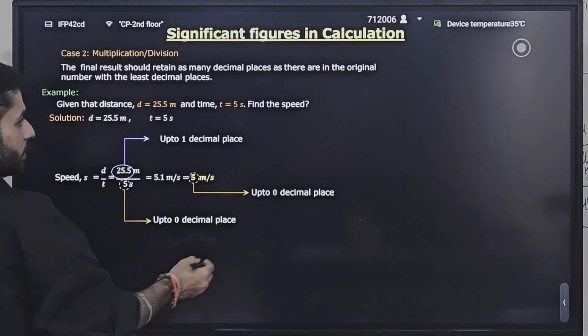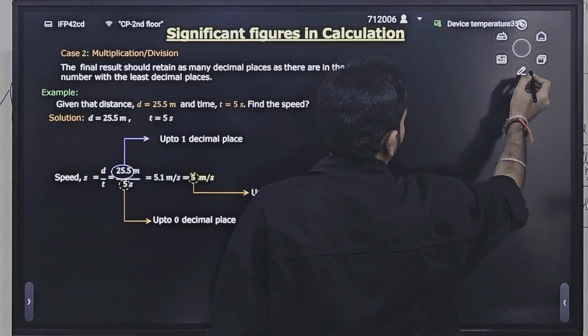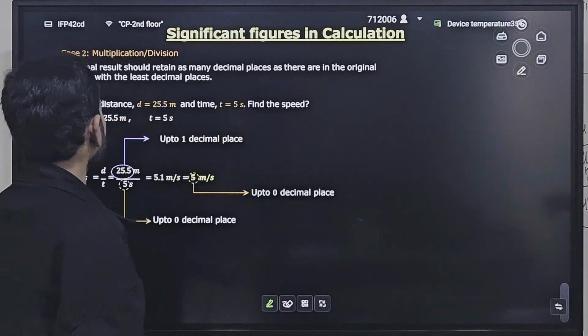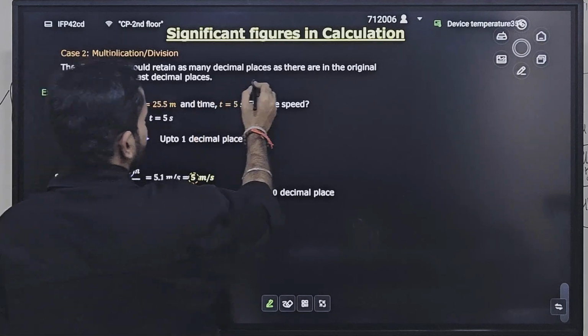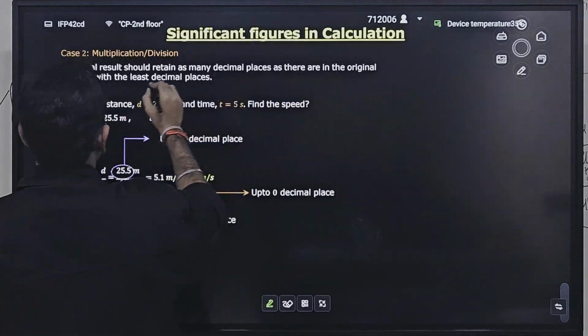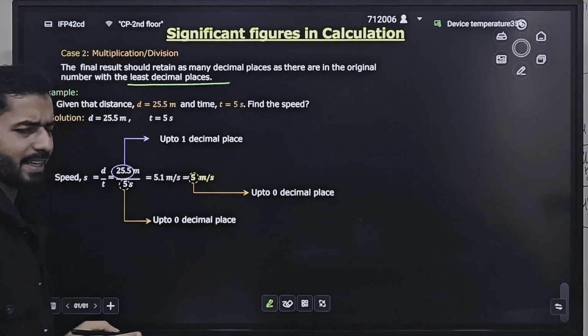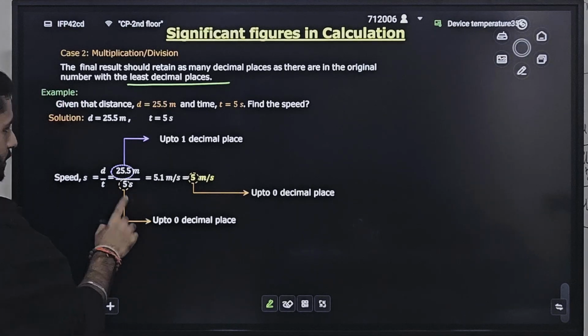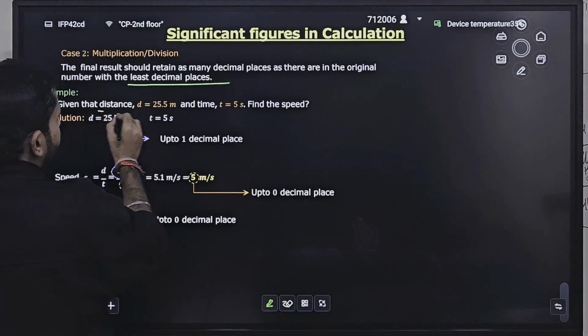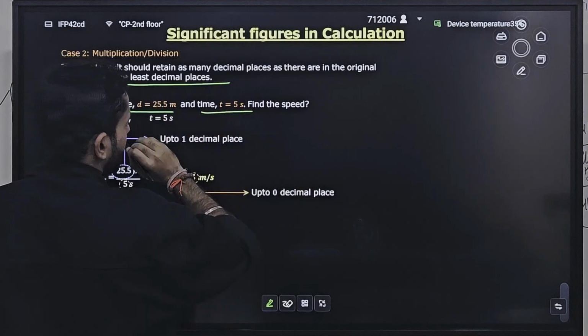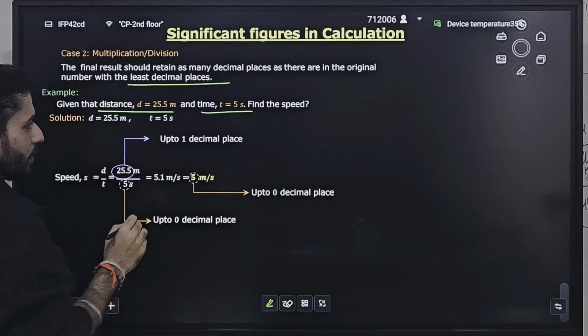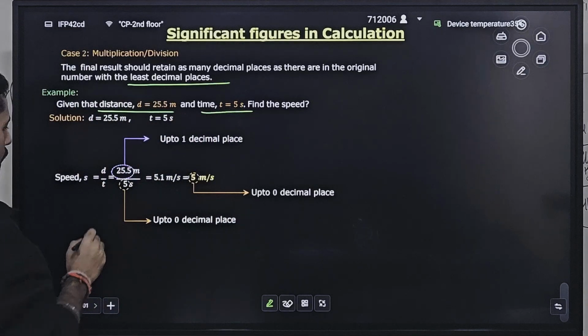Now multiplication and division. In multiplication and division, the final result should retain as many significant figures as there are in the original number with the least significant figures. Let's check it again. Distance is given somewhat like this. Time is given like this. Find the speed. So how can you write speed?